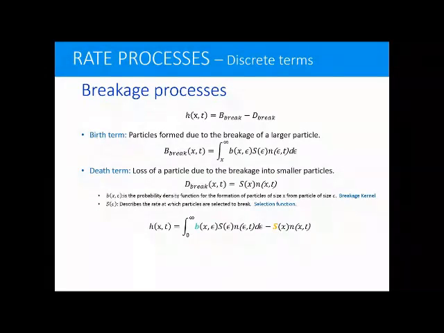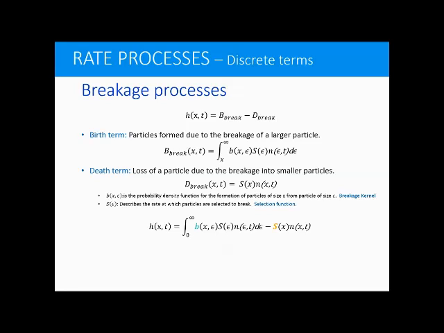In the breakage mechanism, again, we need to find the description of our change in distribution, our H term. For every size class x at time t, we need to determine the birth and the death. In the birth term, we now need to account for the particles that are actually fragments of an originally breaking, larger particle.